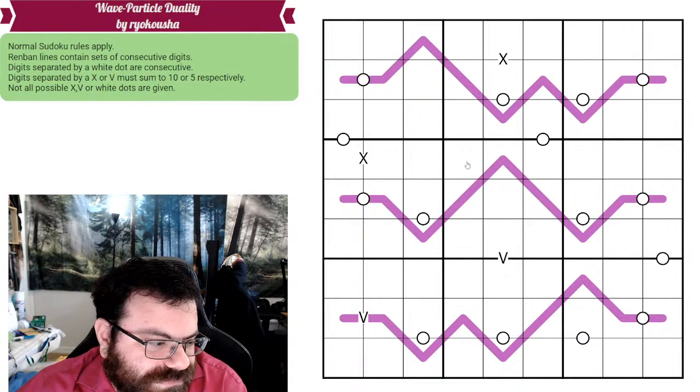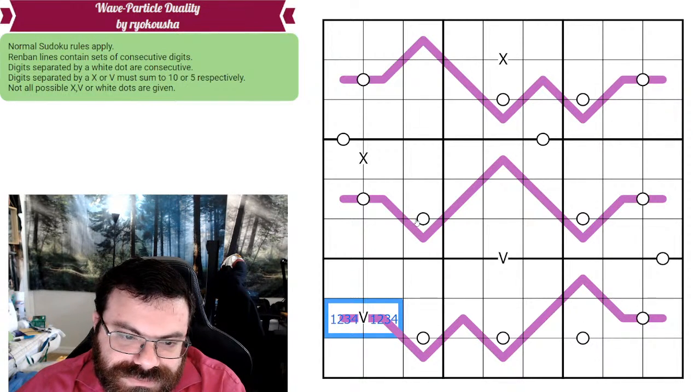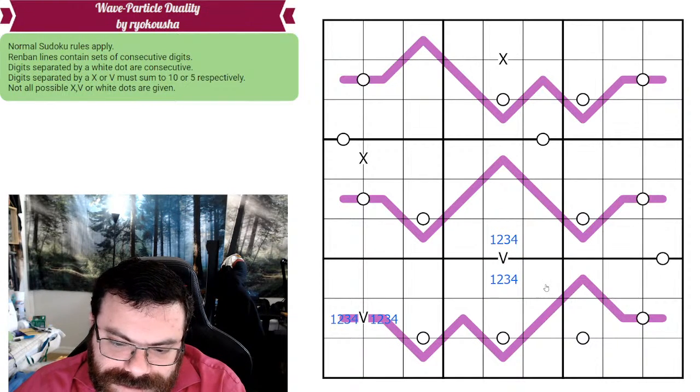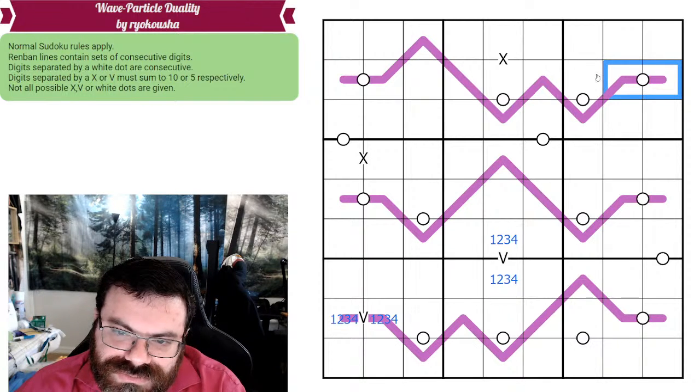Alrighty. So, yeah, the Renbans just cannot repeat. Let's put 1, 2, 3, 4 on our V's to feel like we're making some progress. Let's think about this. There's probably some geometric arguments we can make. These two, or maybe this one.